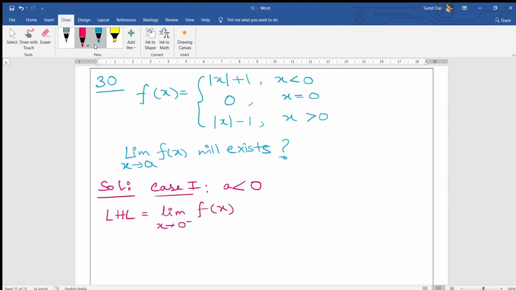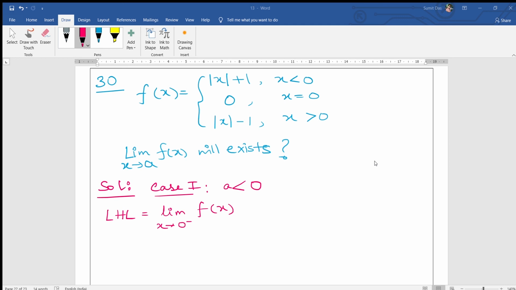Now which f(x) will we take? Let me know which f(x) we will consider. You can see there are three values of f(x) given. Now it is given that a is less than 0. So which function of x will we consider?